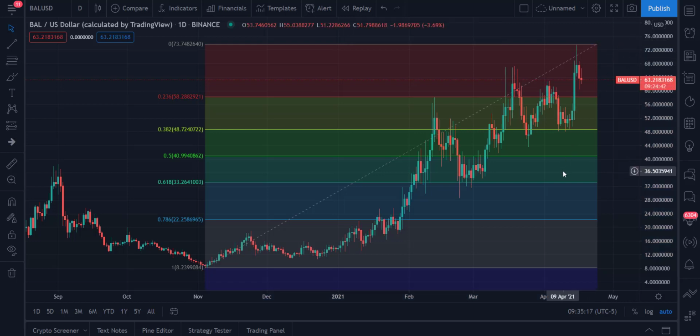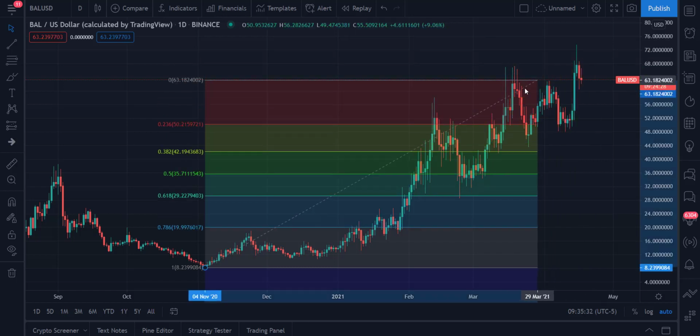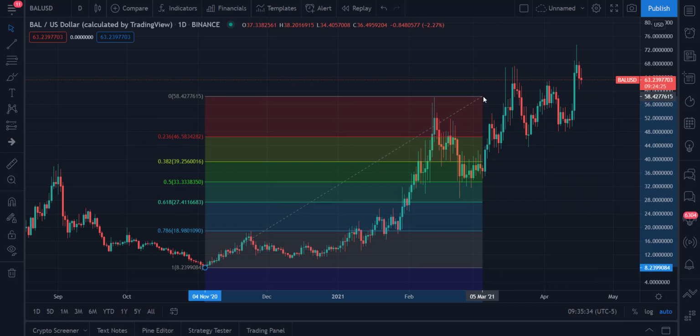So always fun to see, first off, the Fibonacci retracement and see how it's done. We are right now at the 60%, but you know what? I'm going to do something a little different. We're going to analyze each of these pullbacks.